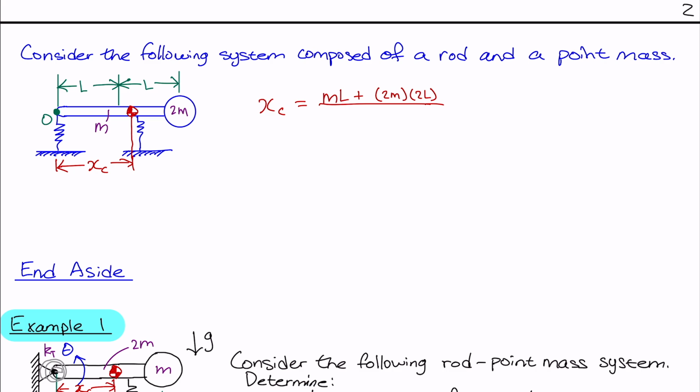Because the center of mass is a property of the system, it's not going to change as the structure moves, meaning that you can find it in a static configuration, or whatever configuration gives you the simplest coordinate system to compute this center of mass. And then this is divided by the total mass, which is M plus 2M. And then this becomes ML plus 4ML over 3M, which is then equal to 5 over 3 L.